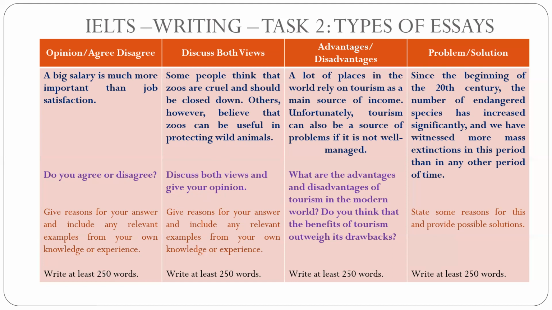Next is advantage, disadvantage topic. Lots of topics on advantage, disadvantage. A lot of places in the world rely on tourism as a main source of income. Unfortunately, tourism can also be a source of problem if it is not managed well. So what are the advantages and disadvantages of tourism?